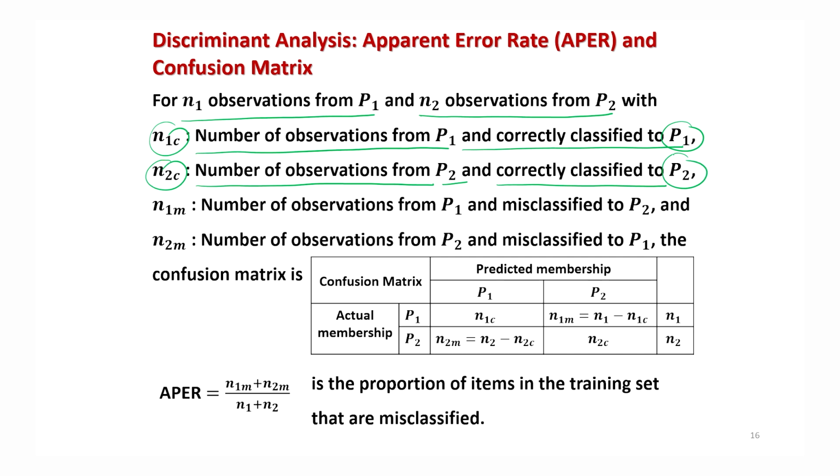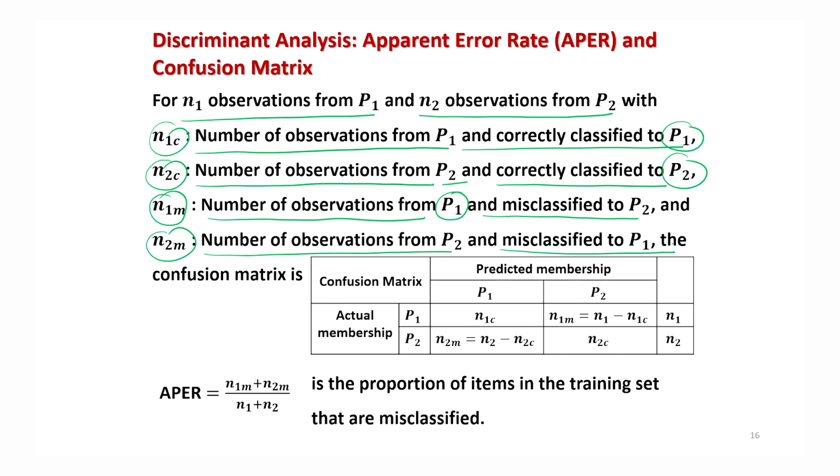And similarly, we have a number of observations which are misclassified. So n1m, where m means misclassified and c means correctly classified, is the number of observations from P1 which are misclassified into P2, and similarly n2m is the number of observations from P2 which are misclassified into P1.